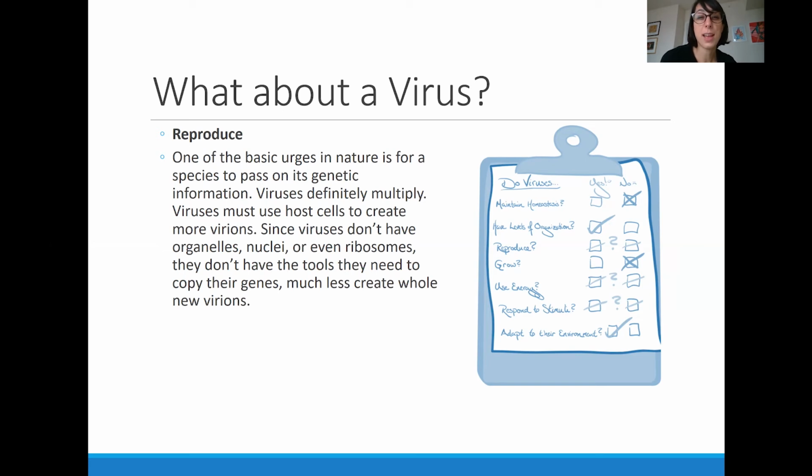Since viruses don't have organelles or nuclei or even the ribosomes to help them make the DNA, et cetera, they don't have the tools they need to copy genes, much less to create a new virion. Now, they still do technically make more of themselves. So this is kind of a maybe answer. It kind of depends on what you consider reproduction.